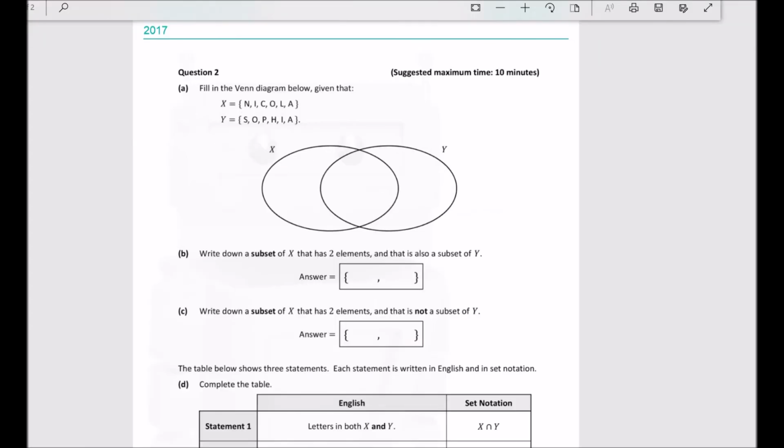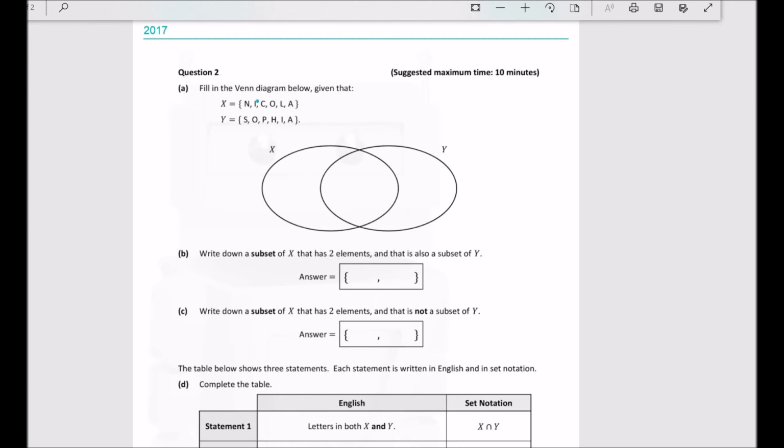Okay. So this is the ordinary level question. It says fill in the Venn diagram below given that set X is NICOLA, set Y is SOPHIA. Okay. We'll always start in the middle. So we'll look for letters in X that are in Y also.